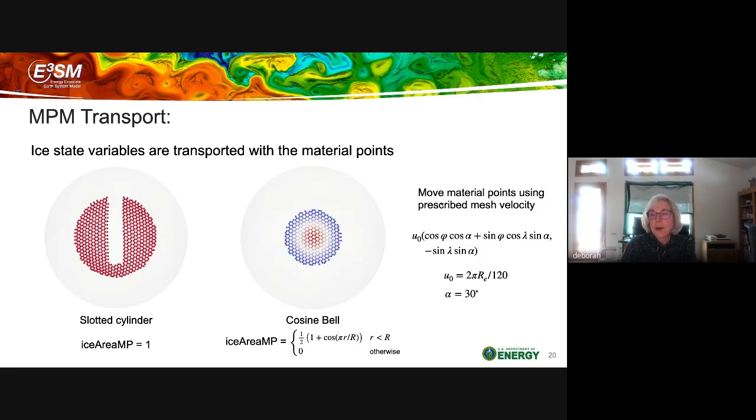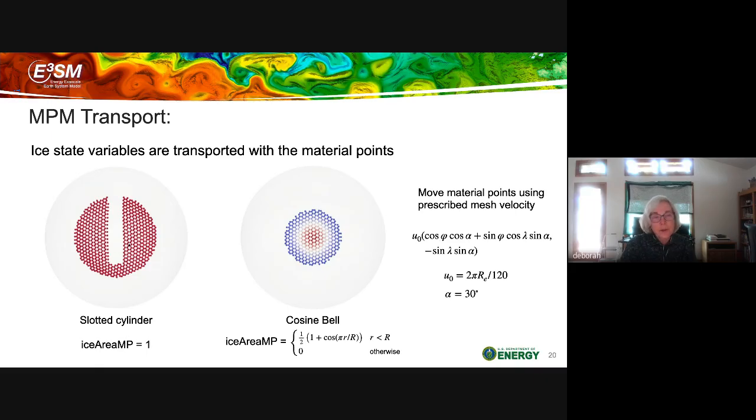We just have a velocity field on the mesh, and we interpolate that to the material points and move them. And this is the velocity field. It's chosen so that these points should move without distortion. And so the velocity has to change from position to position in order to do that.